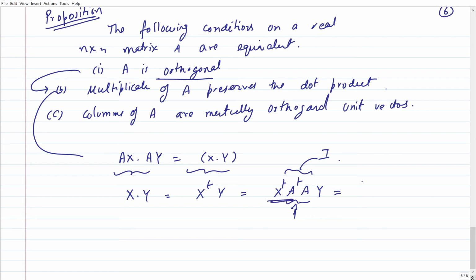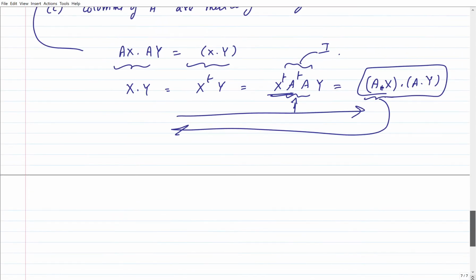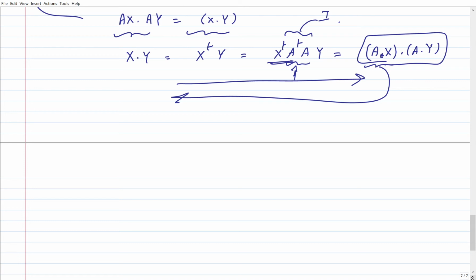This is nothing but our proposition, which is to say that AX dot AY. So you can go this way, you can also go this way, simply by starting from this condition and we can go the other way.